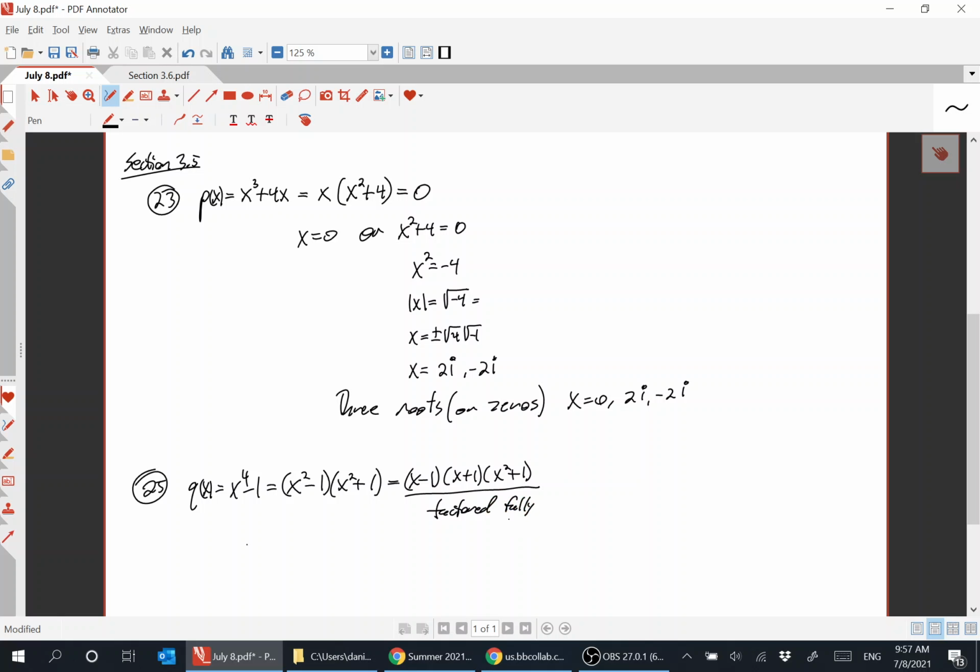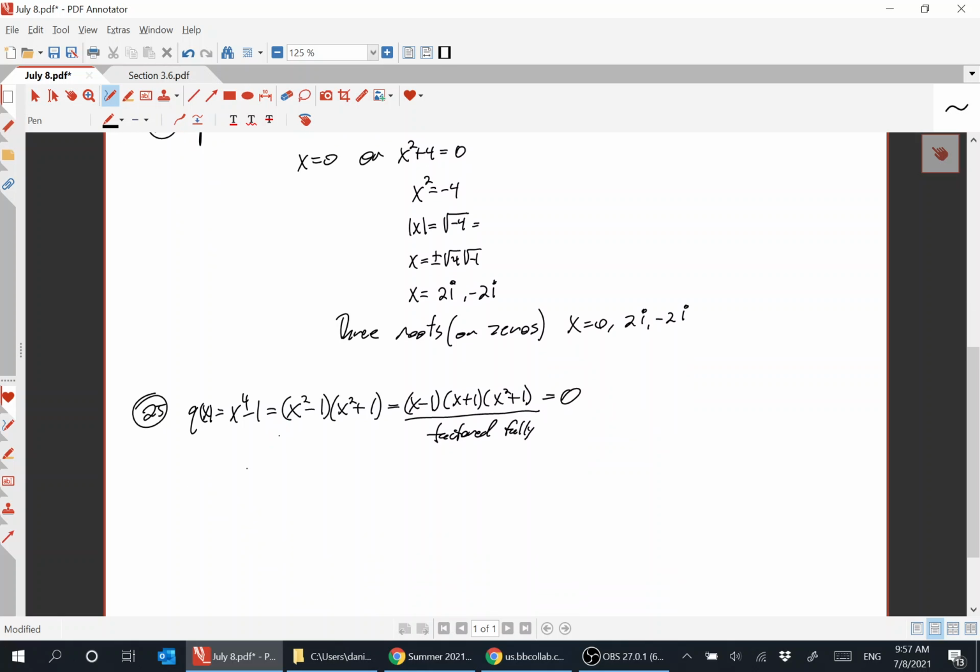into linear factors and irreducible quadratic factors. And we set that equal to 0. So this means x minus 1 is equal to 0, or x plus 1 equals 0, or x squared plus 1 equals 0.